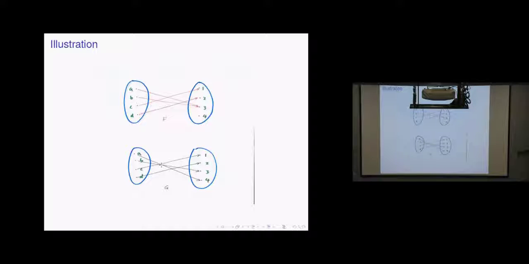So this function, no good. Now this G, send A to 4, B to 3, C to 1, D to 2. Is it injective? No two arrows shoot at the same point, so injective. Is this surjective? Does every point here get hit by an arrow? Yes. So this is both injective and surjective.